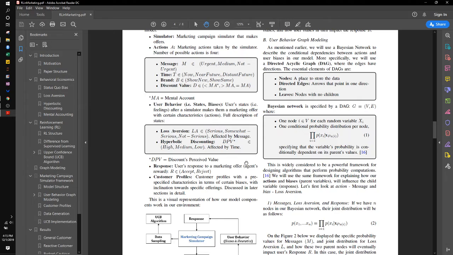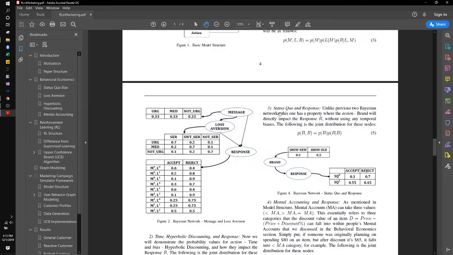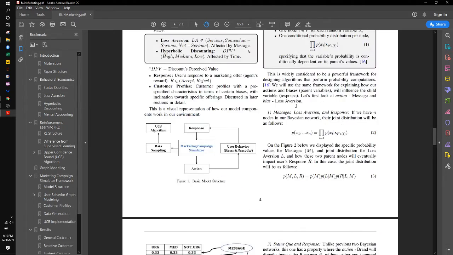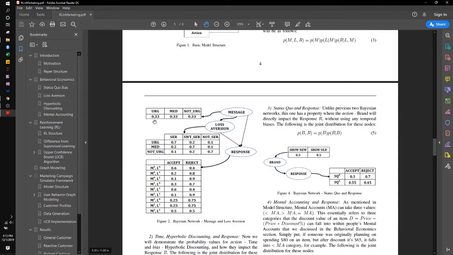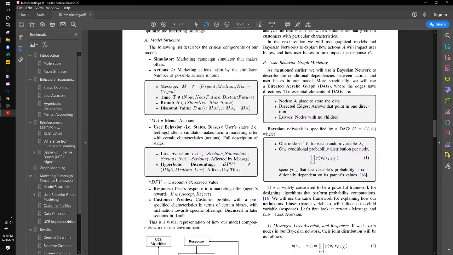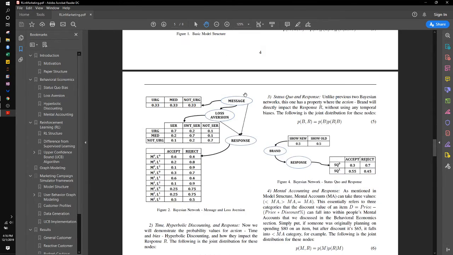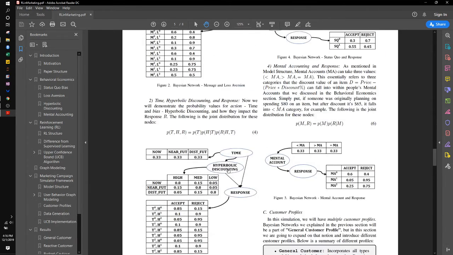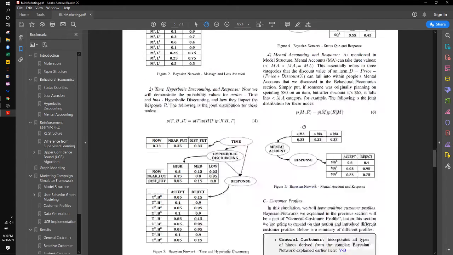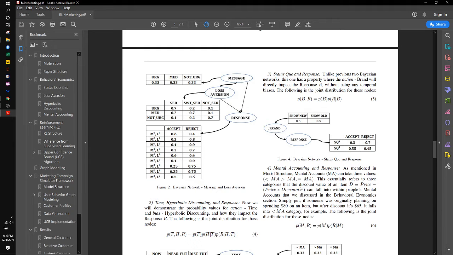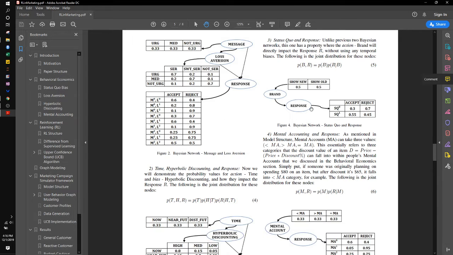We'll be going into that later, but I'm going to skip to the next section, which is the Bayesian networks. Here, as you can read through this, we have the probability distributions for all of our actions and states. Message affects loss aversion, time affects hyperbolic discounting, and the mental account or status quo, otherwise known as brand, affects response.